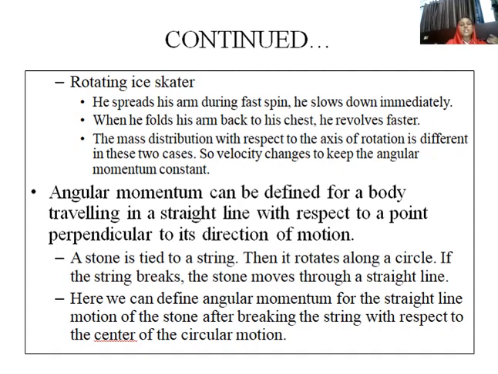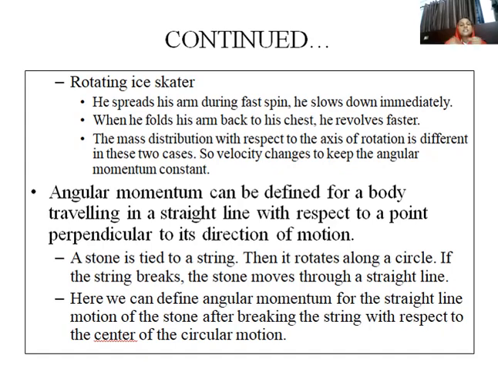Another one is the rotating ice skater. If he spreads his arms out during a fast spin, he slows down immediately. When he folds his arms to his chest, he revolves faster. Why does it happen? Because the mass distribution about his axis of rotation varies when he extends his arms.